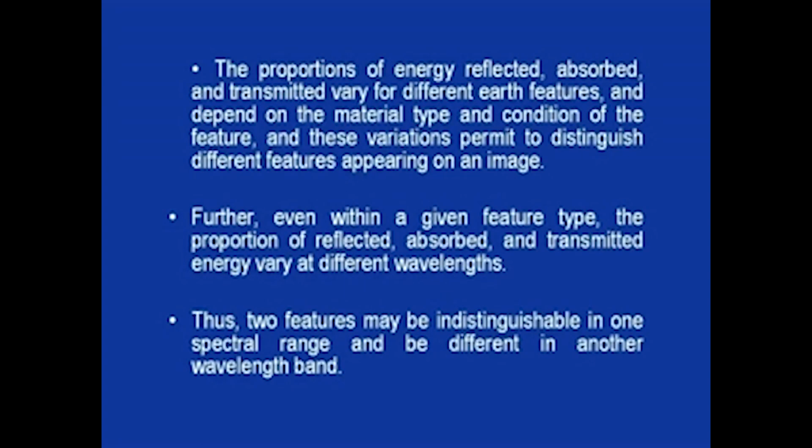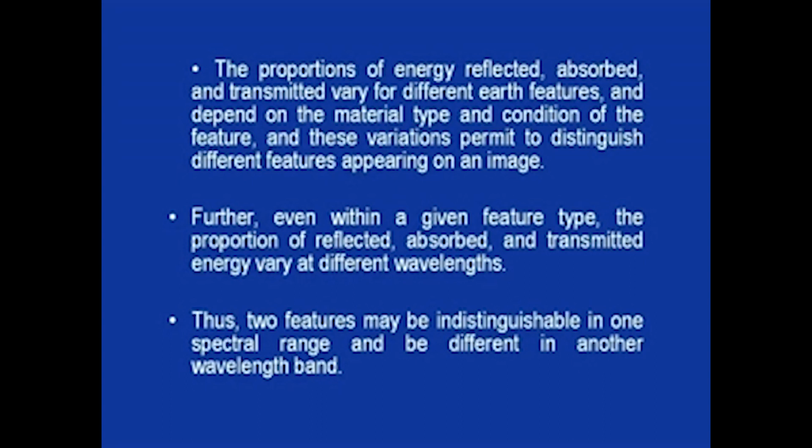The proportions of the energy reflected, absorbed and transmitted vary for different earth surface features and depend on the material type and the condition of the feature, and these variations permit us to distinguish different features appearing on an image.